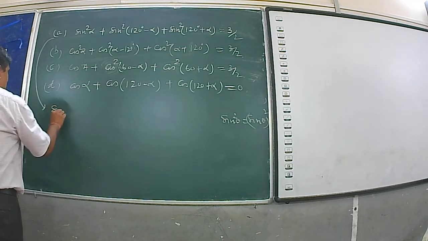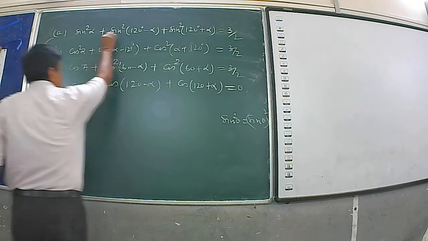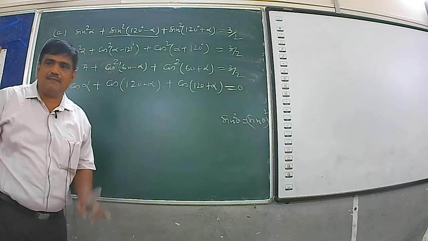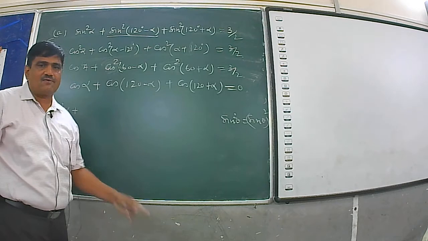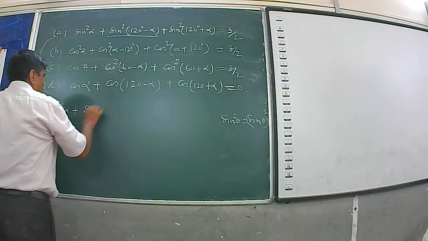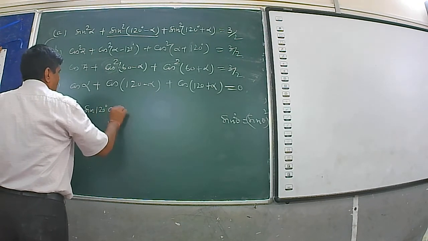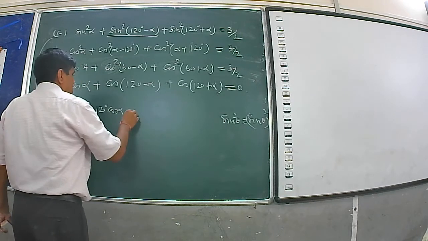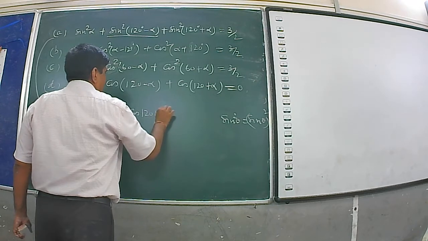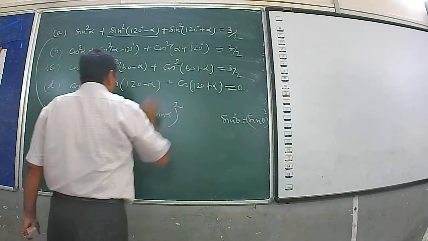First term as it is, sin square alpha, plus second term, apply the formula of sin A minus B: sin A cos B minus cos A sin B. Sin 120 cos alpha minus cos 120 sin alpha, bracket close and whole square.